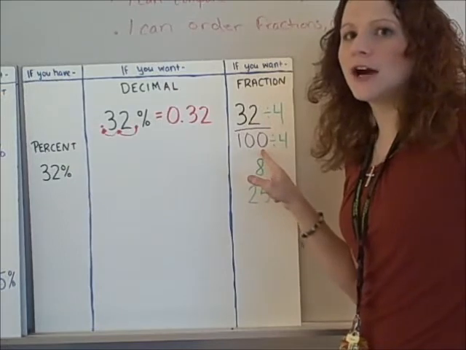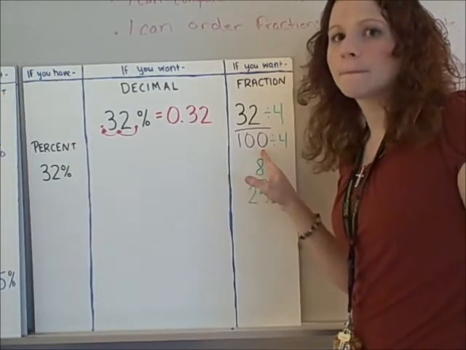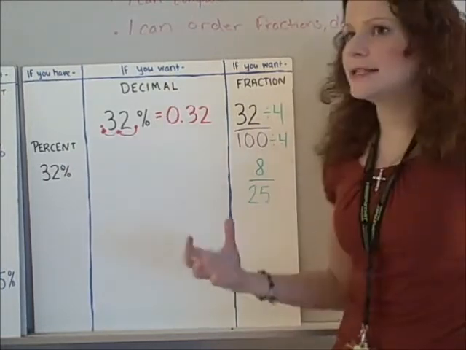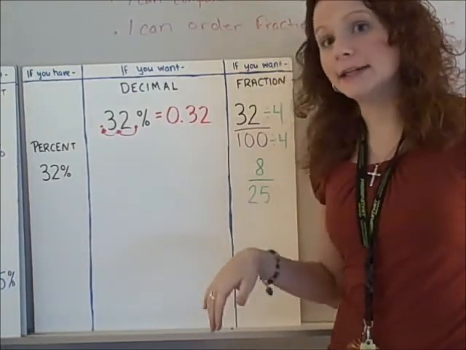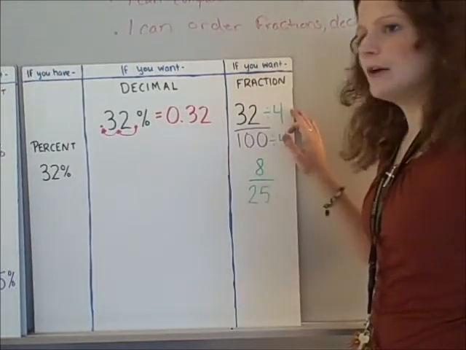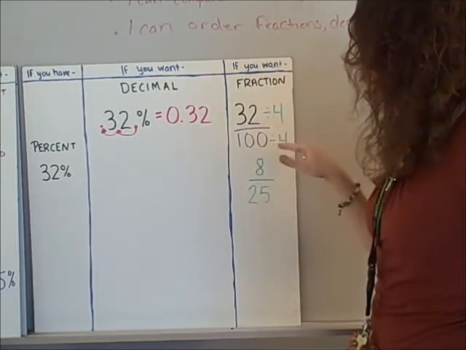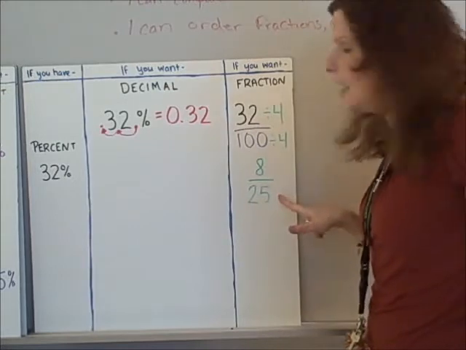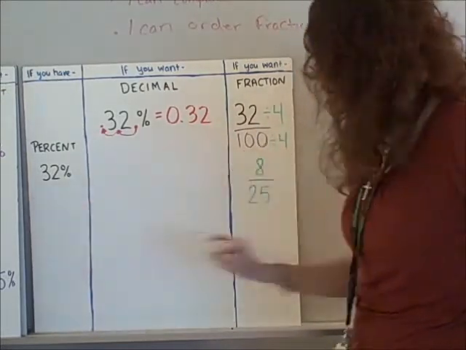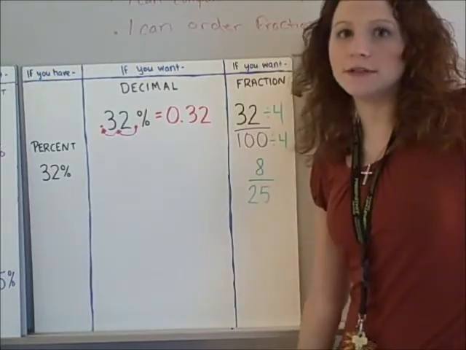Now, what's wrong with this fraction? It needs to be simplified, okay? So we're going to find something to divide both the top and the bottom by. In this case, it was 4. 32 divided by 4 is 8. 100 divided by 4 is 25. So your final simplified fraction that's equivalent to 32% is 8/25.